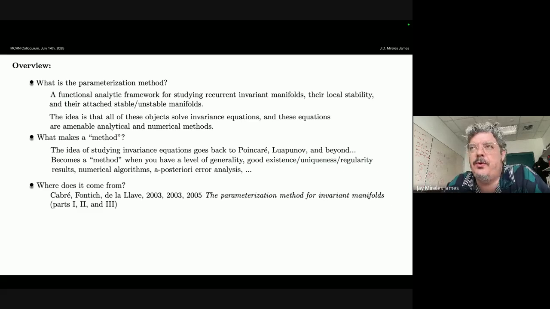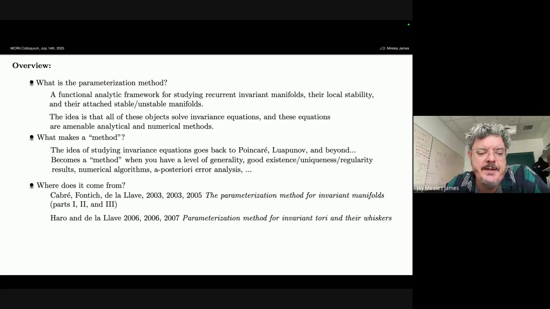But the maps could be maps on Banach spaces, so this was already a pretty general formulation. And then three more papers by Alex Haro and Rafael De la Llave on invariant circles and their attached invariant manifolds. Again, with these six papers you started to see a common approach being applied to all of these problems.